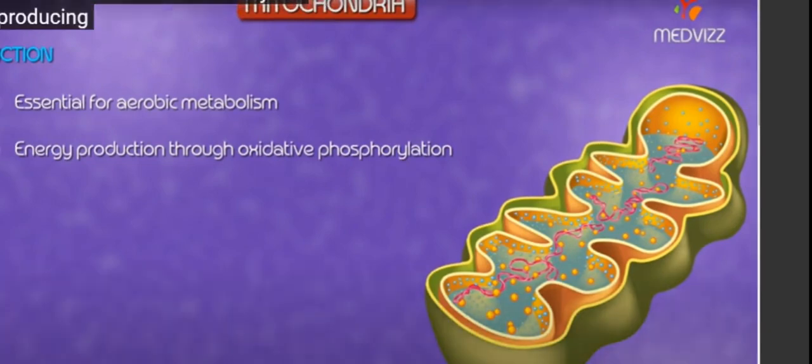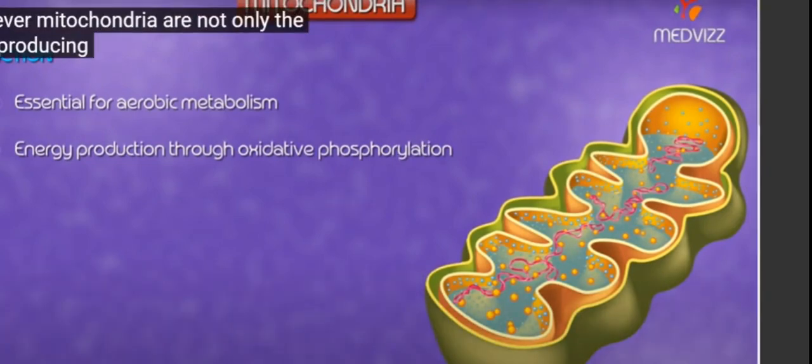Later on you will learn this in higher classes. What is phosphorylation? Oxidative phosphorylation is the name of one process. It is a stage of aerobic respiration. These things you will learn in your higher class. Simply we are learning about respiration.